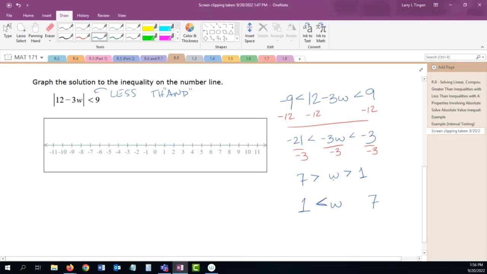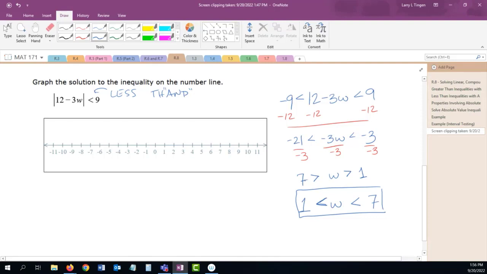Okay, and then 7 is greater than W. All I did was make sure that my inequalities kept the relative side toward the same thing.